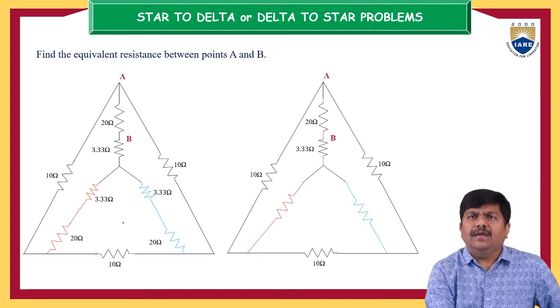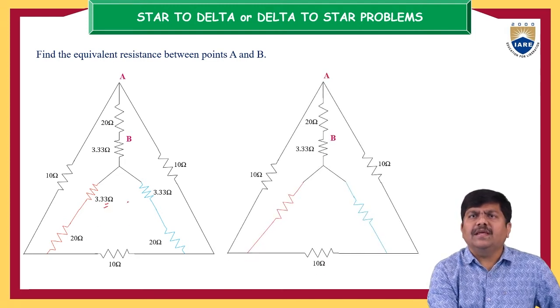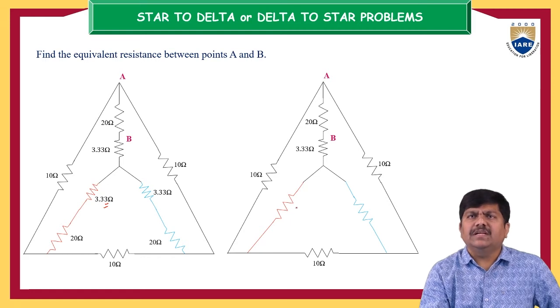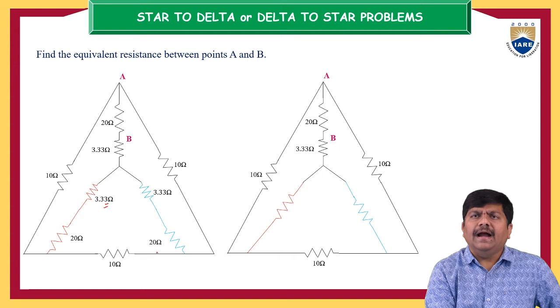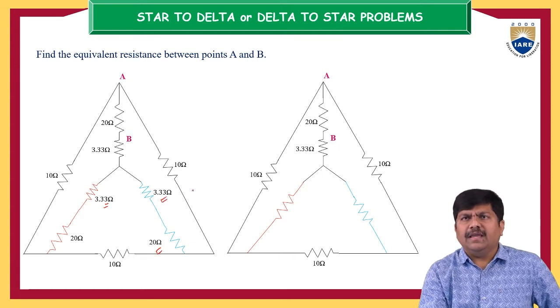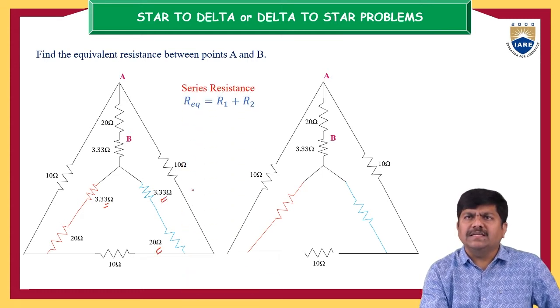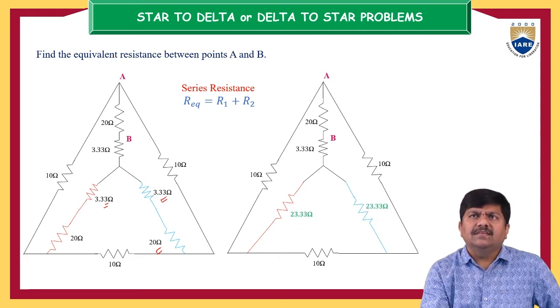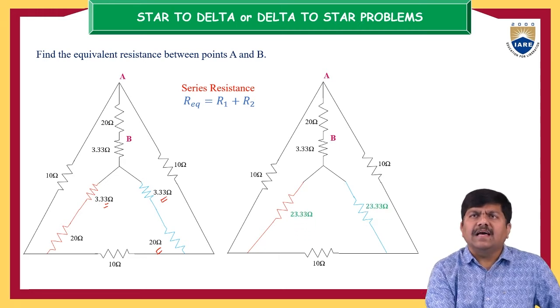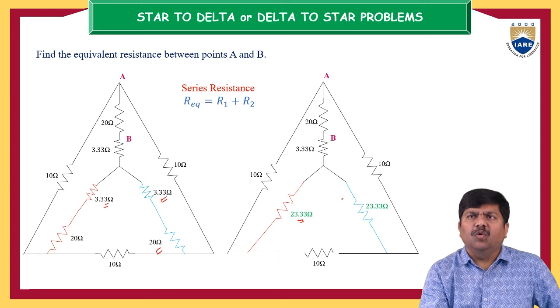Instead of 20 and 3.33, one resistor comes into the picture, that is 20.33 ohm. Similarly for the other side, using the series formula R equivalent equals R1 plus R2, this is 23.33 and this is also 23.33 ohm.